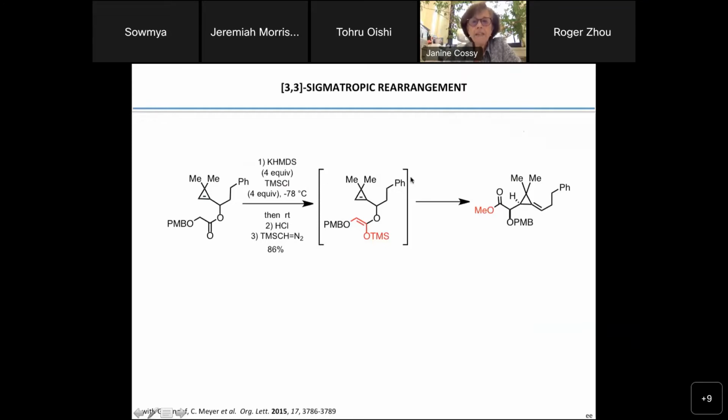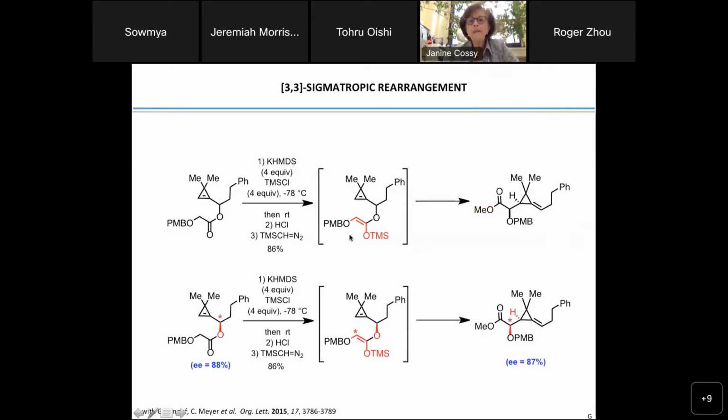Now, having this intermediate, we raise the temperature and treat it with HCl and then with diazomethane. And we got the formation of this cyclopropane having this exocyclic double bond due to a 3,3 sigmatropic rearrangement, and we have the control of these two stereogenic centers.